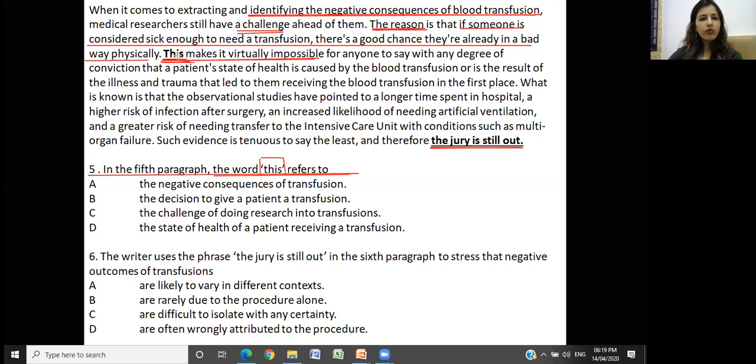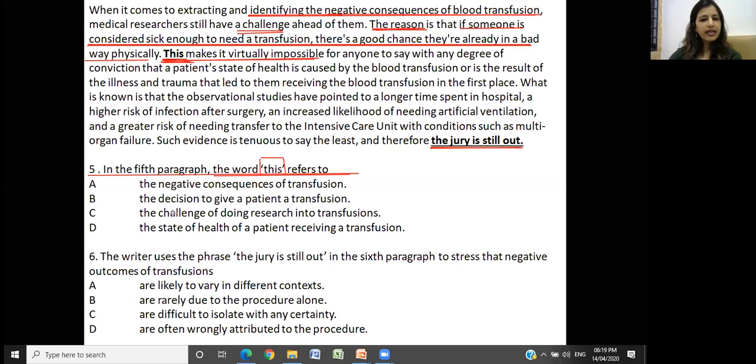I have to find out what does this refer to. So what I do to find out this meaning, what makes it virtually impossible, is I go to the previous sentence, because always the word this, that, the will be used to represent the idea that was mentioned in the previous sentence. It is given here that the patient may be already in a bad way physically, and that makes it virtually impossible for us to differentiate negative consequences.